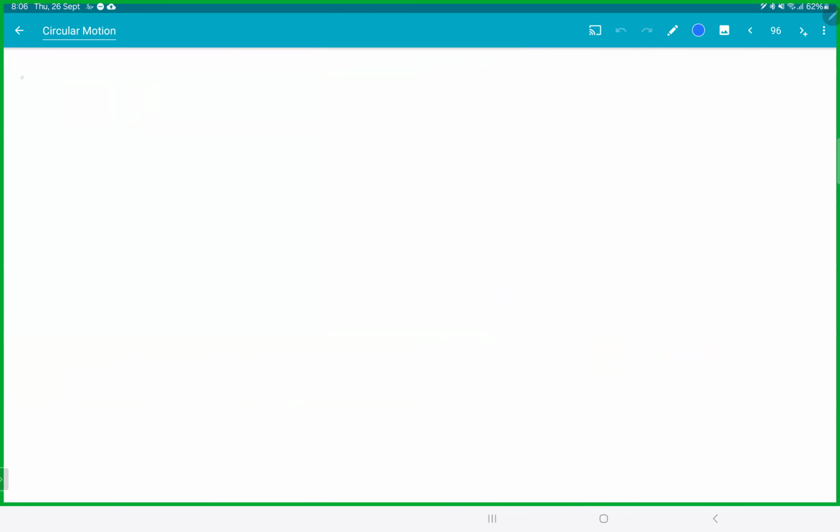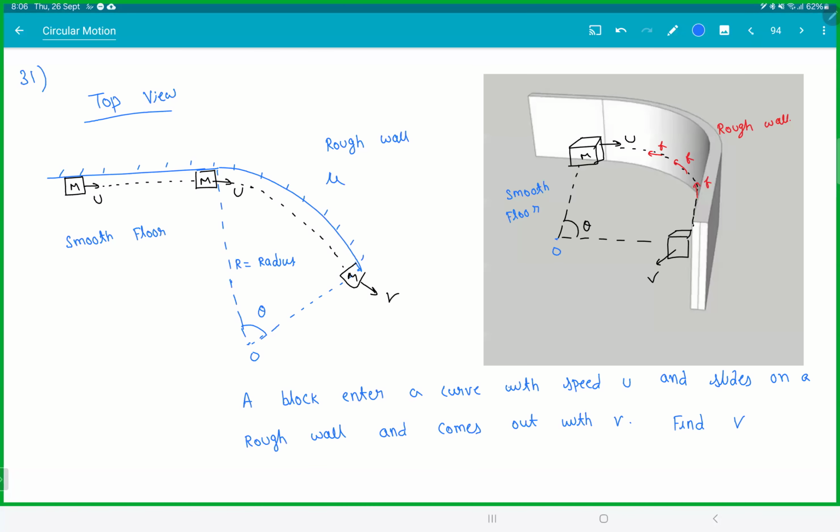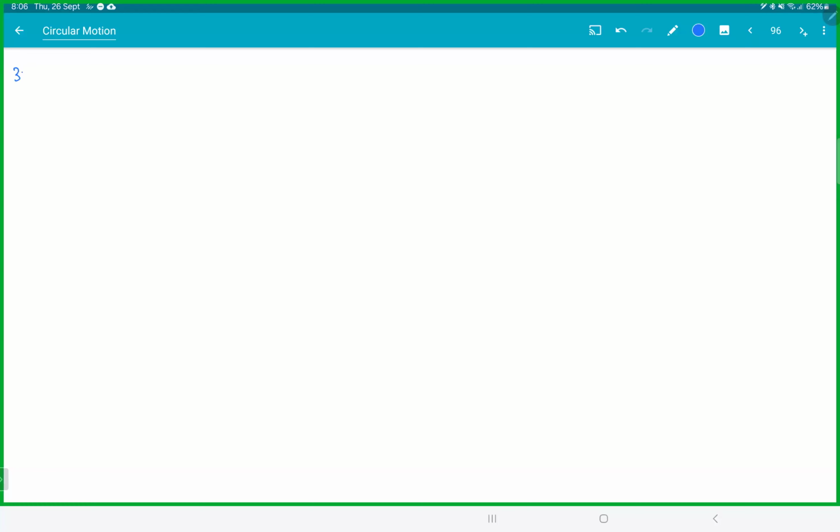Let's see how they'll frame an advanced question. We have a cylindrical rod. We have a rod like this. This is a rod with cylindrical cross section.